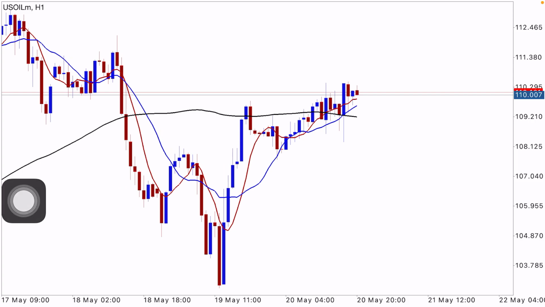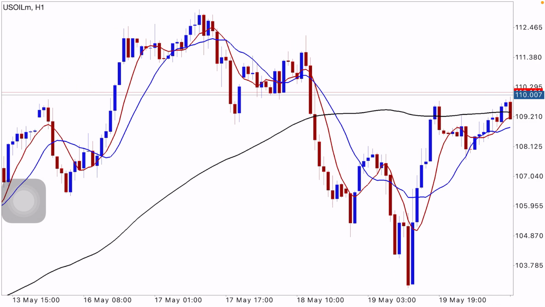Okay, so let me talk about the last moving average before we switch to the other indicators. The last moving average that I want us to talk about is the 200 moving average. The main use of the 200 moving average is to determine the trend of the chart, whether the chart is in an uptrend or a downtrend.